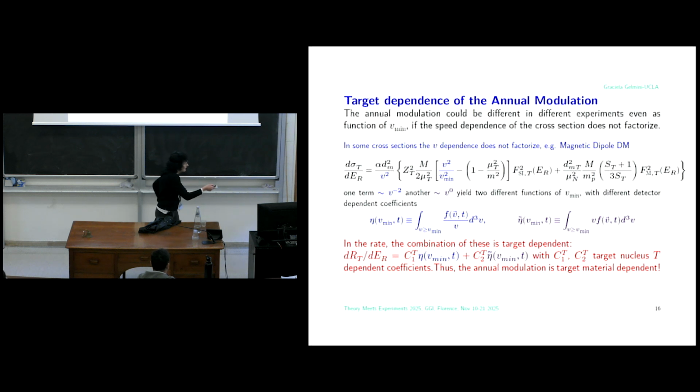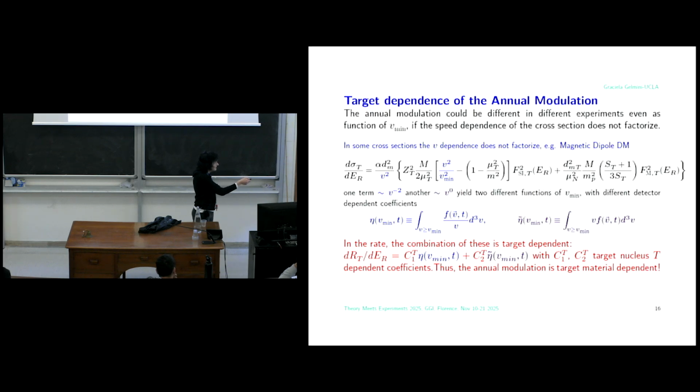Imagine that you now have a complicated interaction. I'm always using this magnetic dipole as an example, because I chose the magnetic dipole. It doesn't matter. Here I put the 1 over v squared outside, and this multiplies this term and that term.